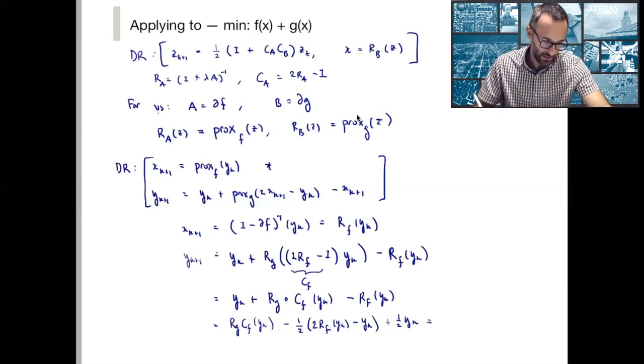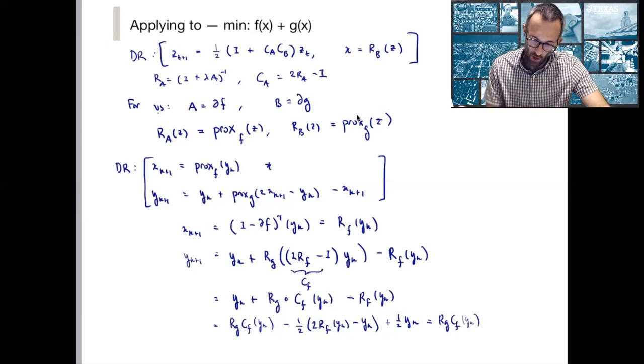And so you can see that this is now RG CF of yk minus 1/2. And what do I have inside here? I have 2R minus the identity, so that's 1/2 times the Cayley operator, evaluated at yk, plus 1/2 yk.